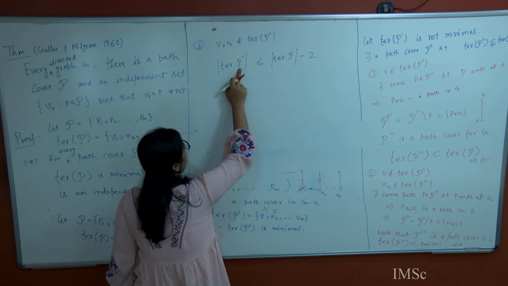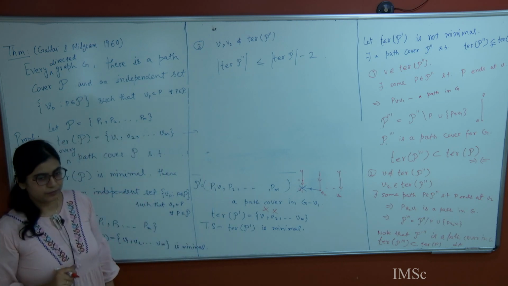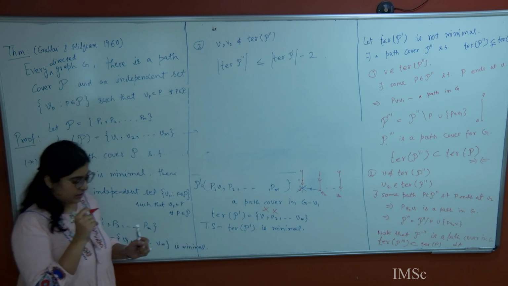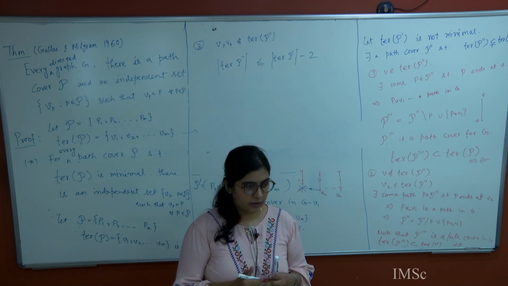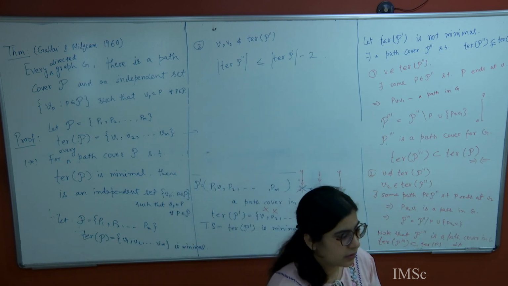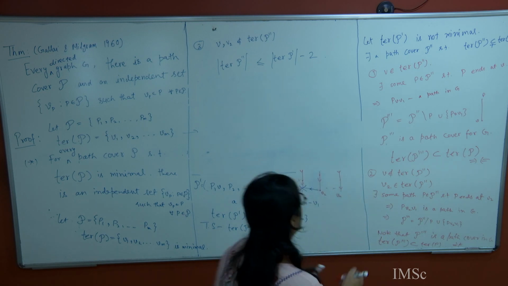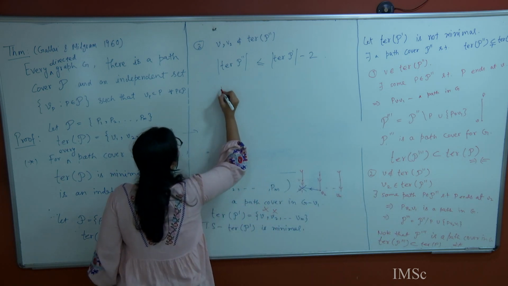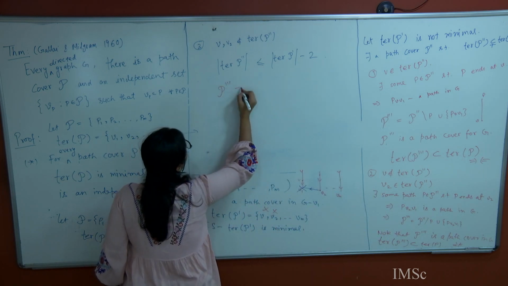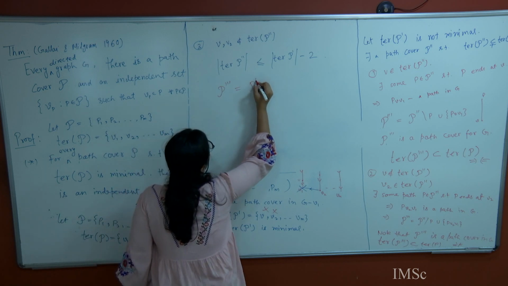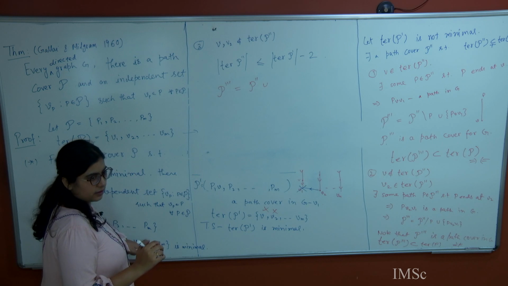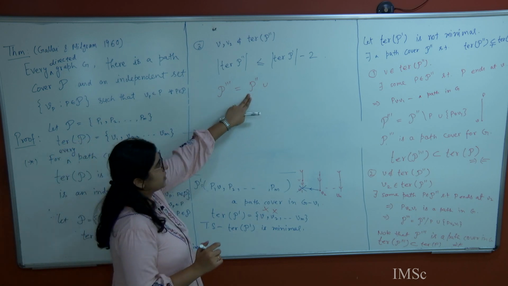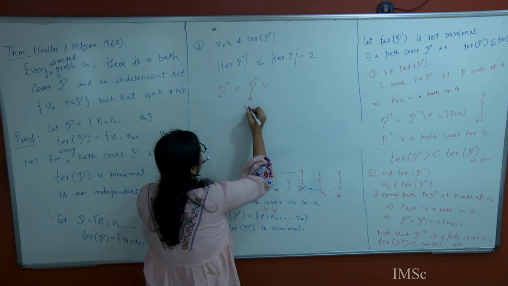And now, because P double prime is a path cover, can you give me a path cover for G? V1, only V1, yes. So, he is saying that let us take P triple prime and take the old path cover, and because V1 is missing, this is a path cover for G minus V1.